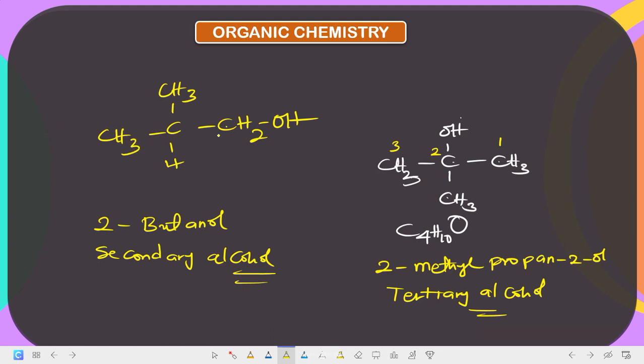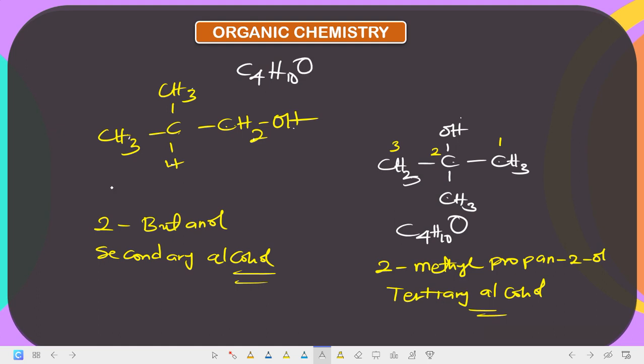Making it how many? 4. Is it complete? 1, 2, 3, 4. So this becomes C4, and then you have H. This plus this is 3. 3 plus 1 is 4, 4 plus 3 is 7. 7 plus 2 is 9, 9 plus 1 is 10. And then you have O.